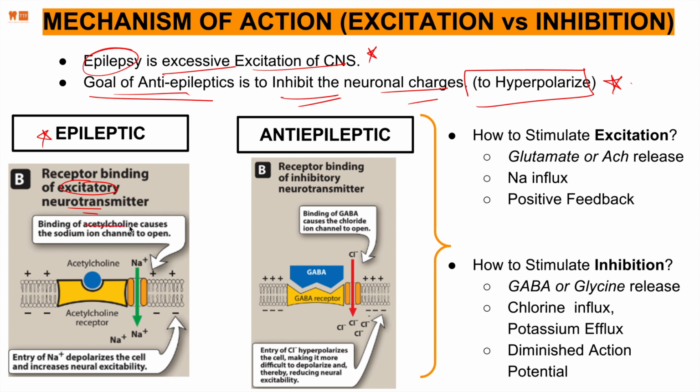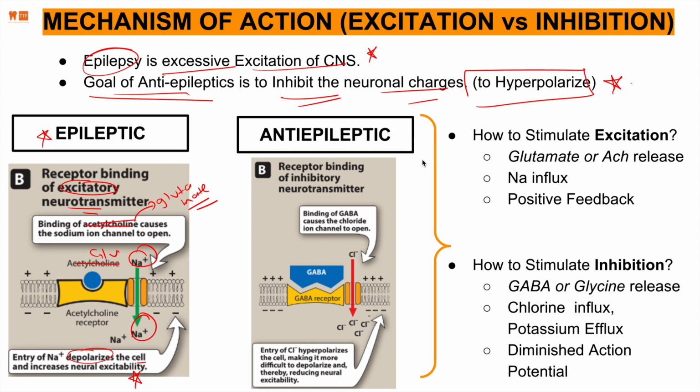In other words, if we change this to glutamate, then it will open up sodium channels. Sodium moves into the cell, and the entry of sodium will depolarize the cell, causing an increase in neuronal excitability. That is excessive movements, focal or generalized, but that's the base of it.